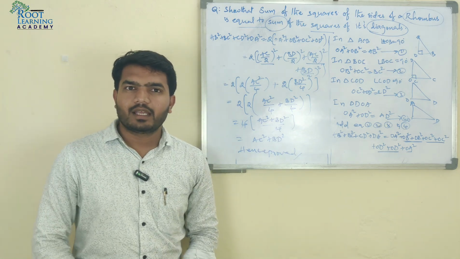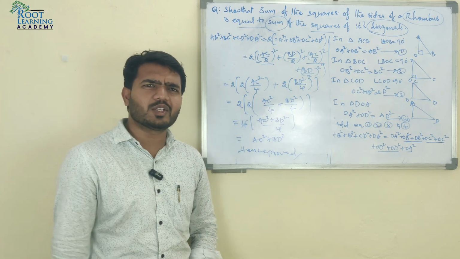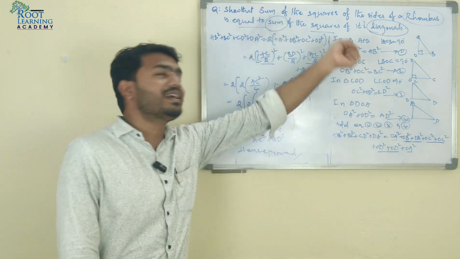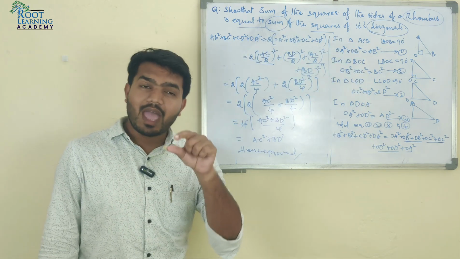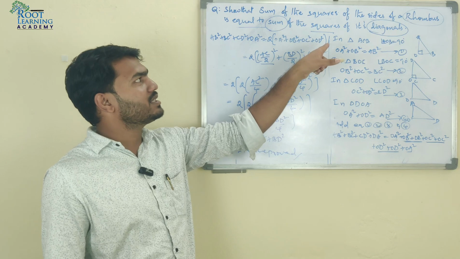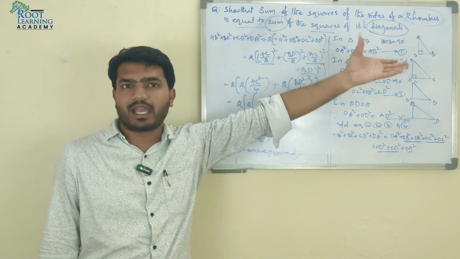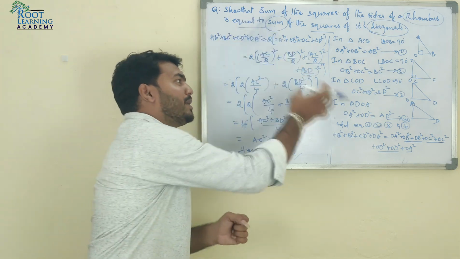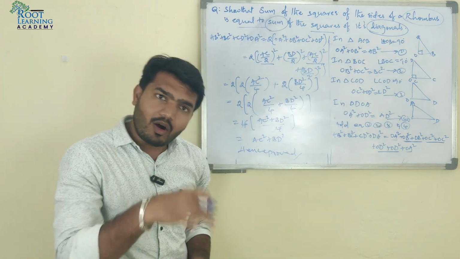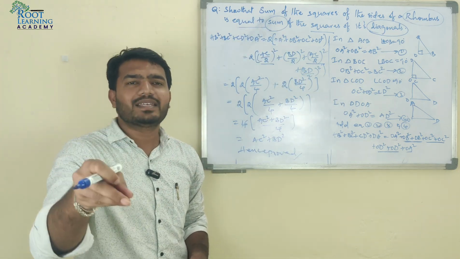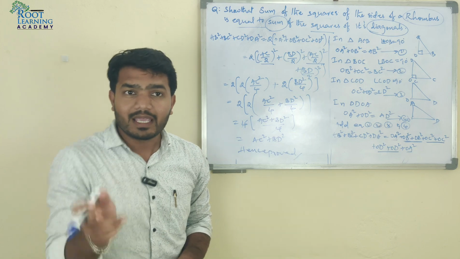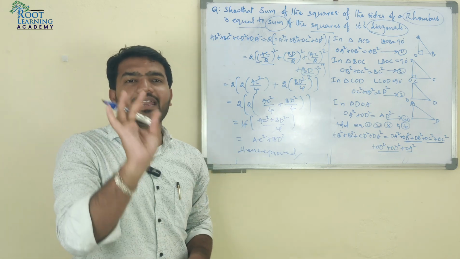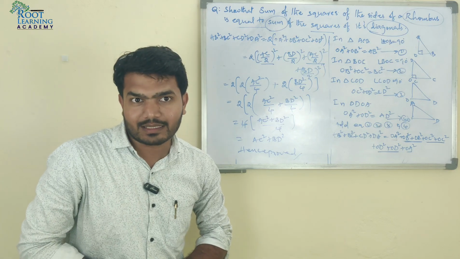That's it. So this is very simple. But the thing is we have to understand the concept of what exactly is mentioned in the question. We have to prove the sum of the squares of the sides of a rhombus is equal to the sum of the squares of the diagonals. So first we take a rhombus, consider the properties of a rhombus, and we know that the diagonals bisect each other and are perpendicular. The diagonals of a rhombus divide its interior into 4 right angle triangles.